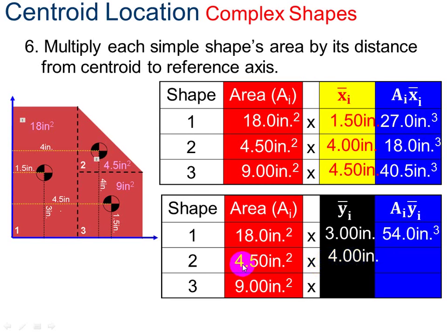And then we're going to multiply, sorry about that, 18 times 3 is 54. And then 4.5 times 4 is 18. Now we're going to multiply 9 times how far it is in the y direction for shape number 3, which is 1.5. And then I multiply 9 times 1.5, and I get 13.5.